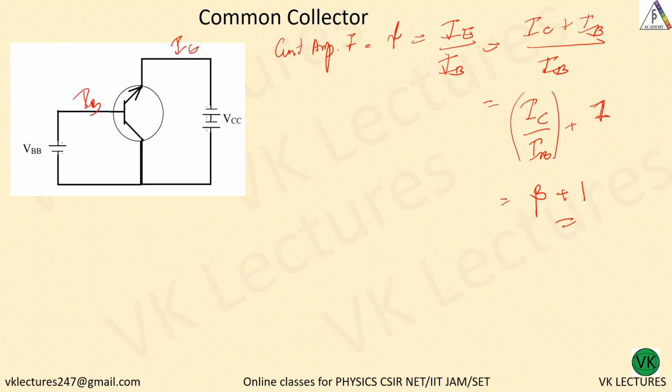Please wait, we will do it with respect to IC also. So IC is equal to alpha IE plus IC naught. This value we will neglect. This is one equation; this is another equation: IE is equal to IC plus IB.